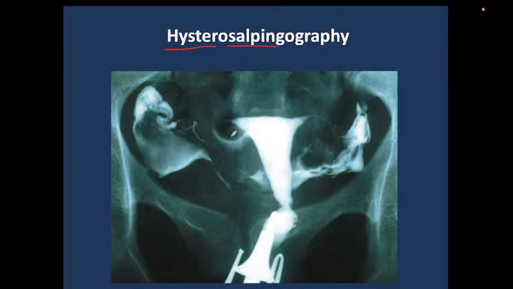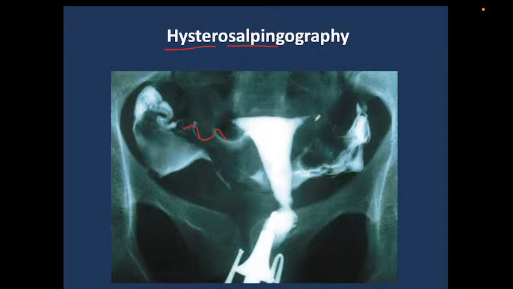Usually, when there is no connection between the peritoneal cavity and the uterine cavity, it is not possible to get a baby because no ovum comes into the uterine cavity.